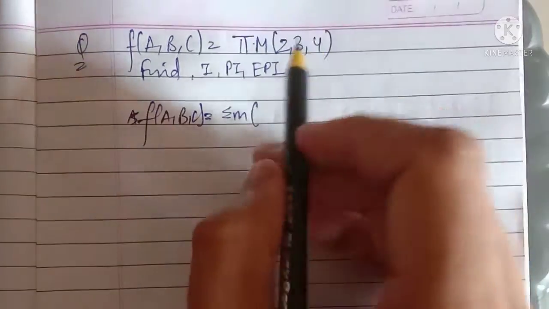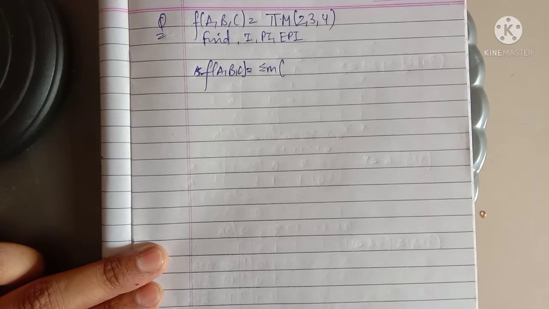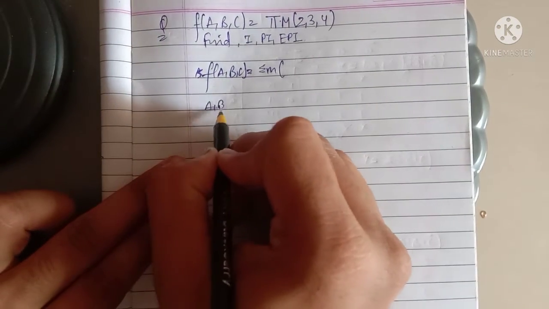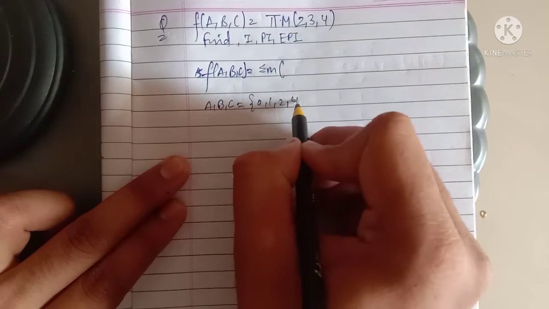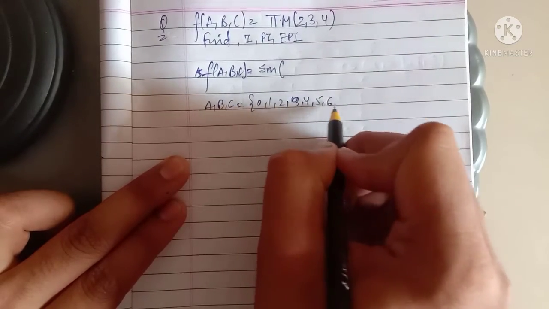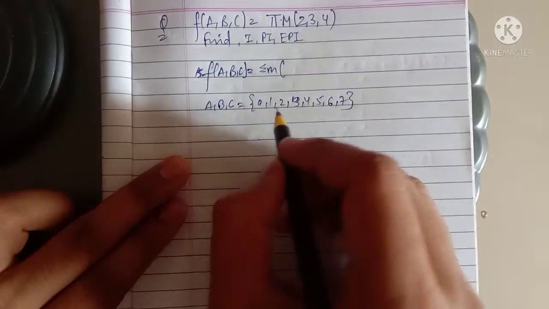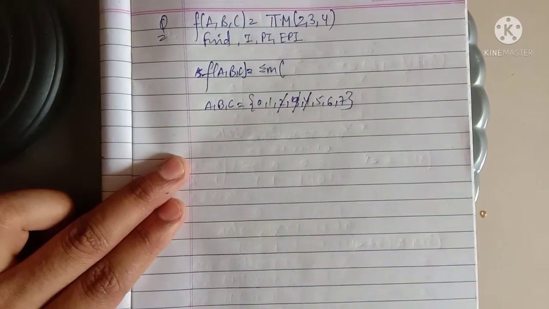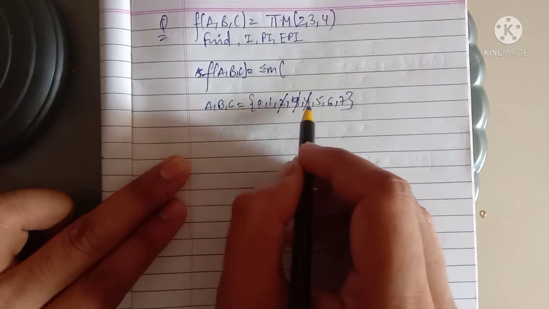3 is already gone, so how many are we left with? 5. We are converting the max terms into min terms. With 3 variables a, b, c, you will get the min terms 0 1 2 3 4 5 6 7. Now 2, 3 and 4 are in the max form, so which digits are left? 0, 1, 5, 6, 7. These will act as min terms, so we write 0 1 5 6 7.